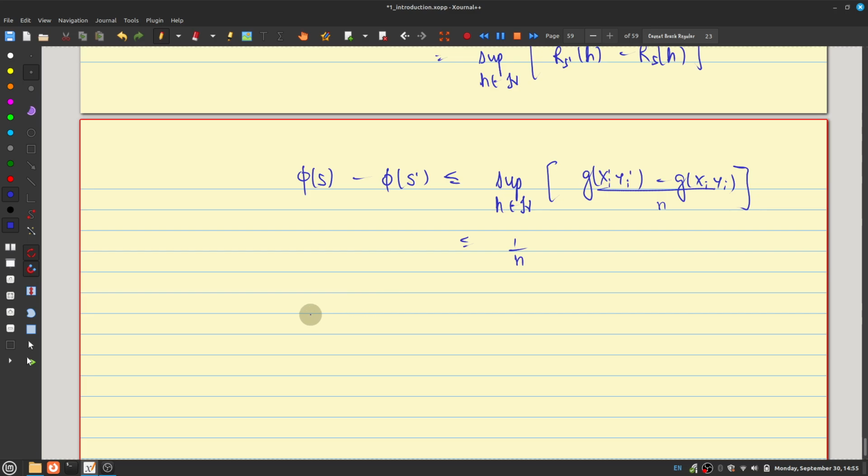Okay, so now I can apply McDiarmid's inequality. So what is the probability that P of S minus expected value of P of S is greater than or equal to epsilon?